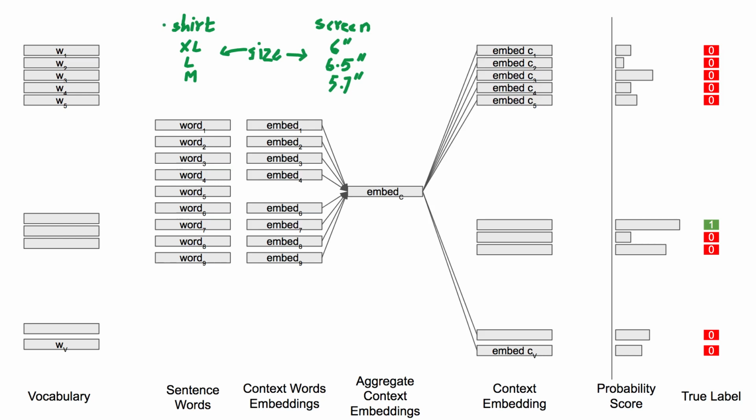So whenever shirt is the target word, you have updates. XL gets updated to help predict the context representation of shirt, and the vector representation of size is also updated to help predict the context representation of shirt. Similarly, L gets updated to predict the context representation of shirt, and so does M.